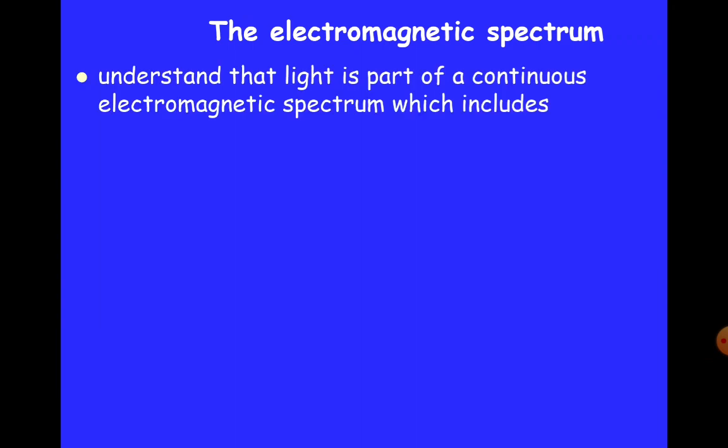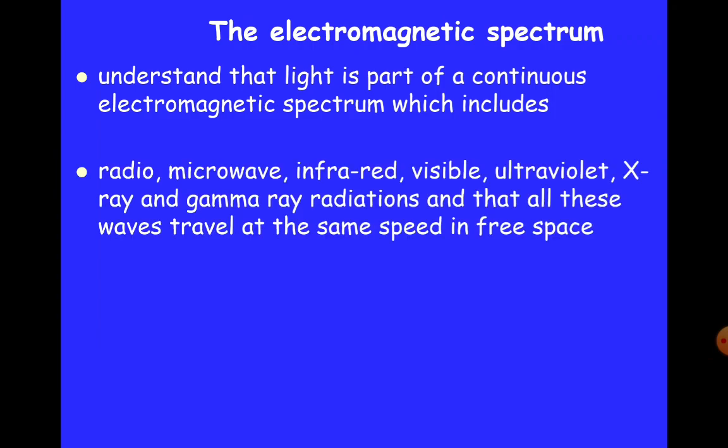First of all, we will understand that light is part of a continuous electromagnetic spectrum which includes radio waves, microwaves, infrared waves, visible light, ultraviolet rays, X-rays, gamma rays, and all these waves travel at the same speed in free space.